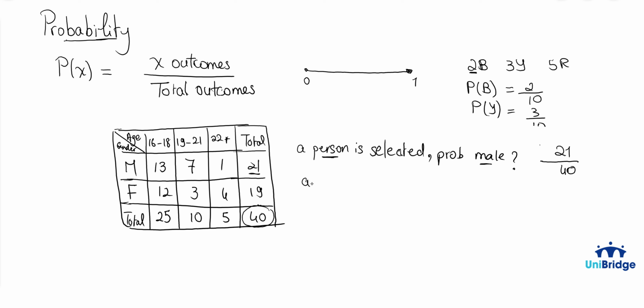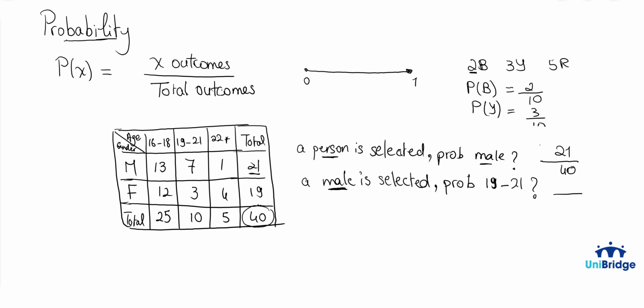The next question, if a male is selected at random, this is how the question is phrased: if a male is selected at random, what is the probability that he is from 19 to 21 years old? This is where the tricky part comes from. Now he's selecting from the males.